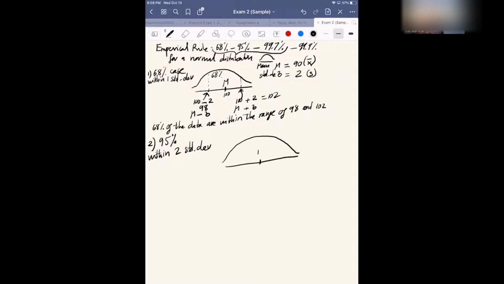Okay, so let's say the mean is 100, and then if you go to the left 2 standard deviations, what is the number right here, everyone? Calculate and tell me. Number on the left. Calculate the number on the left and then type in the chat for me.